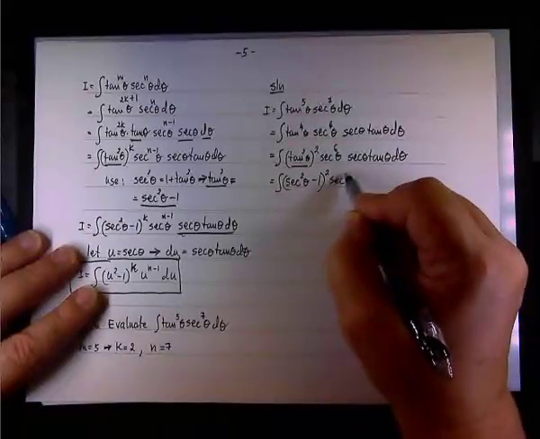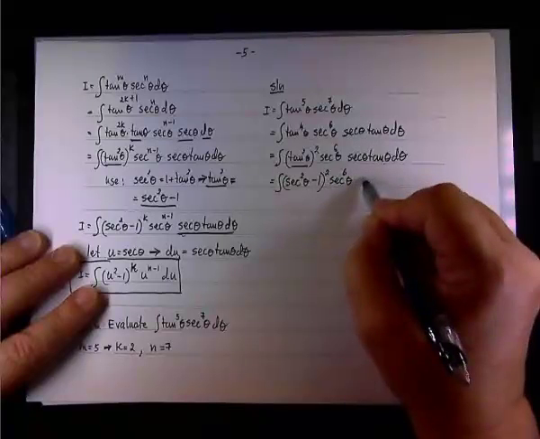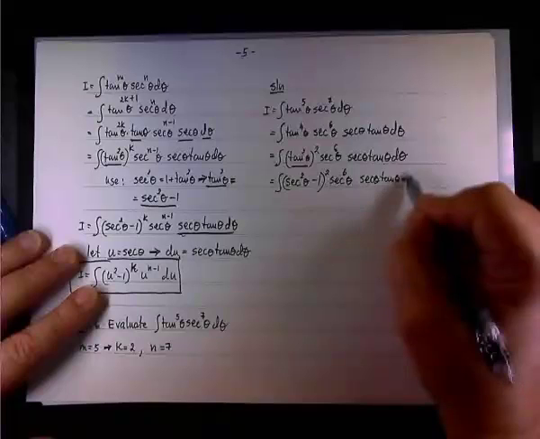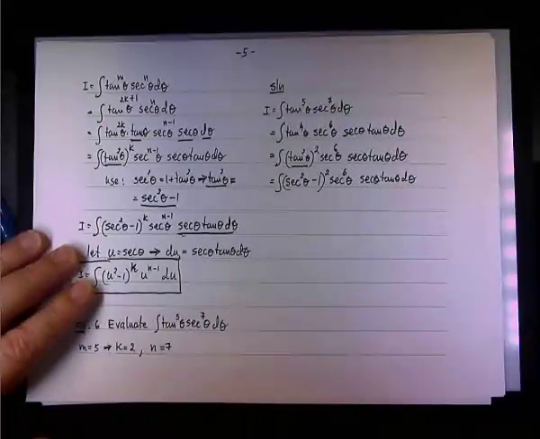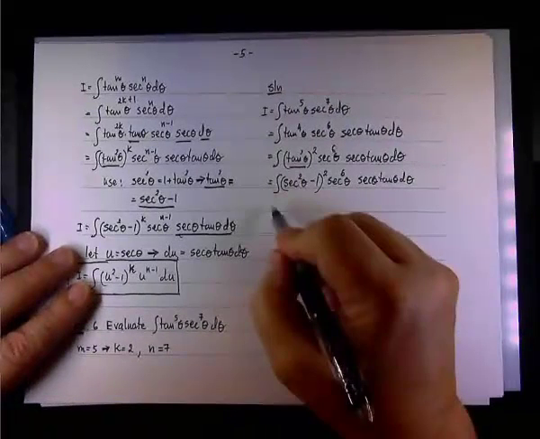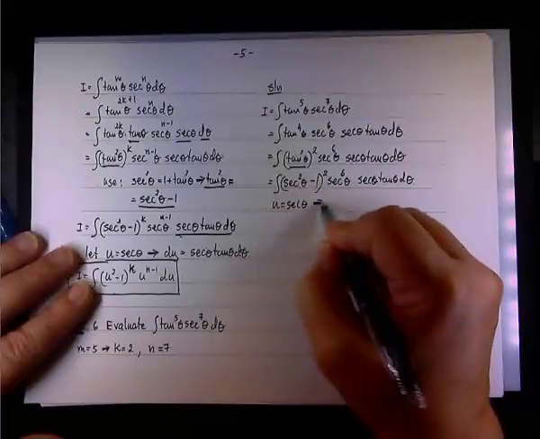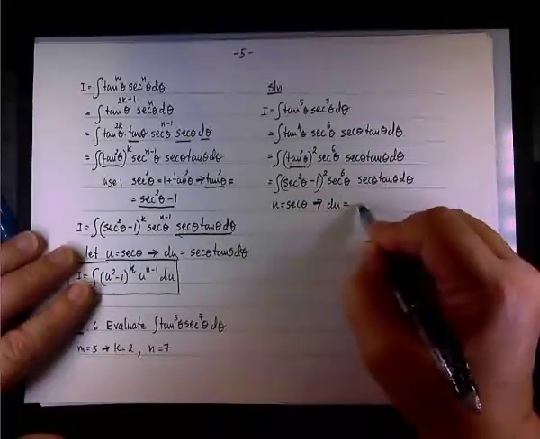Substitute this one with the secant squared minus 1, squared again. And secant to the 6th. And here's the secant times tangent.